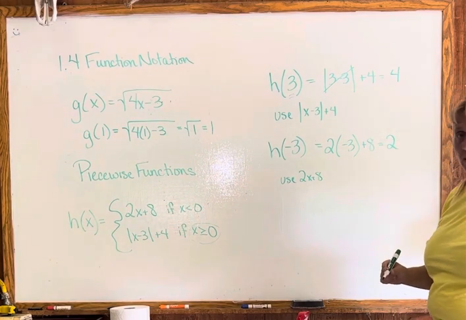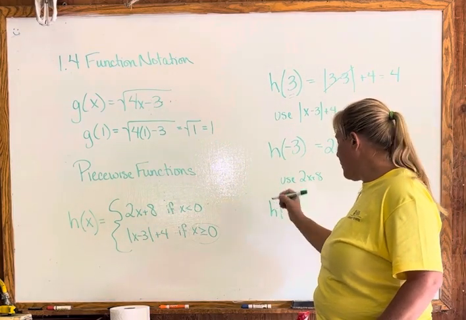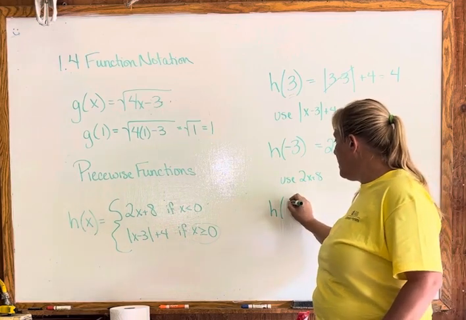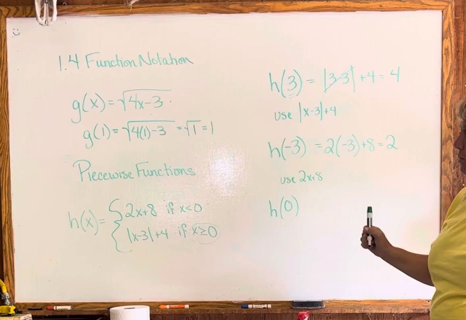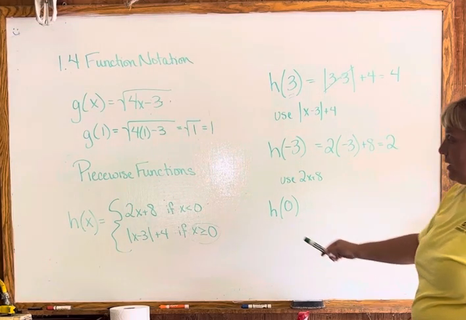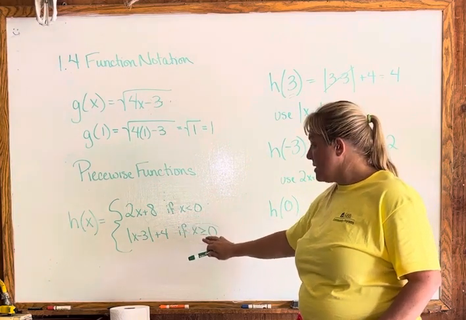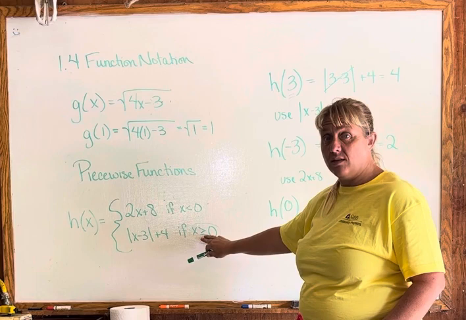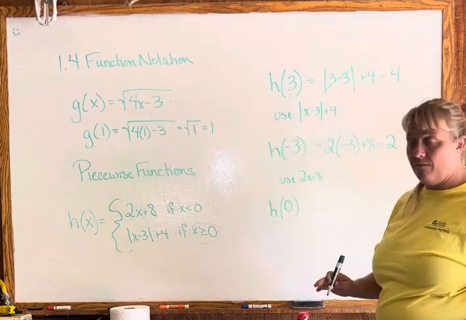And then one more of these guys. Let's say that I'm asking you for h of 0. Which one of those two are we going to use if we're looking at h of 0? So the inequality now becomes very important, doesn't it? So here, this is the one that includes the 0. So this is the one we'll use in this case.